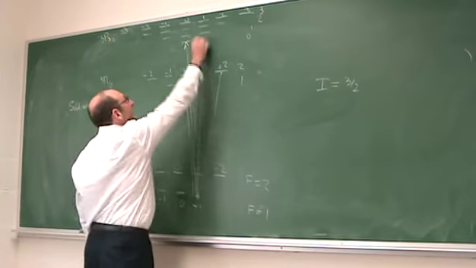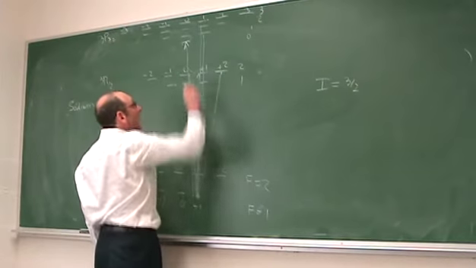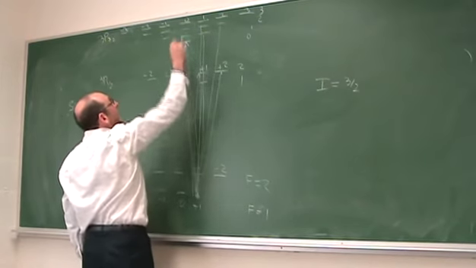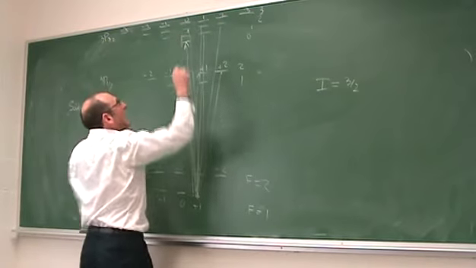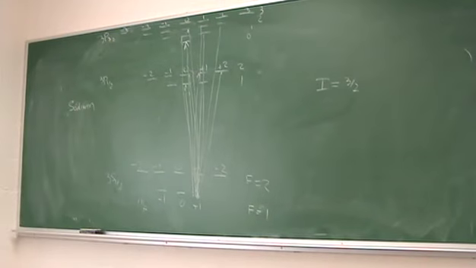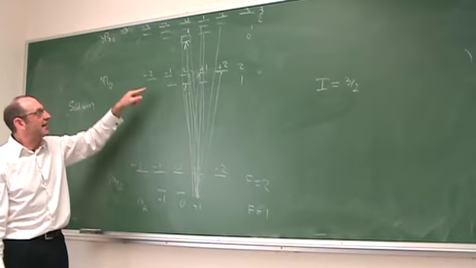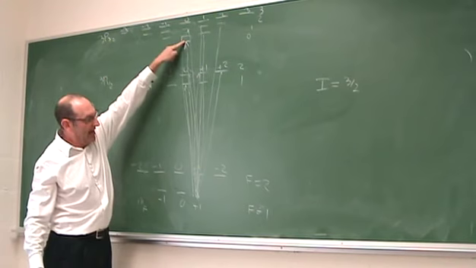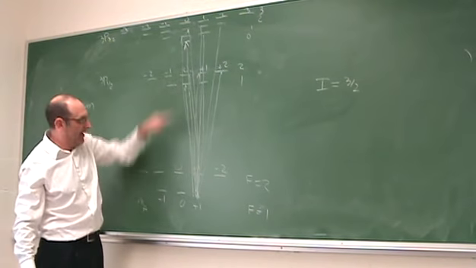And I can go here, and I can go to there, and I can go to there, etc. But I can't go up here, because that's delta F equals 2, etc. If I start here, for example, I can only decay down to here, but I can't decay to here.